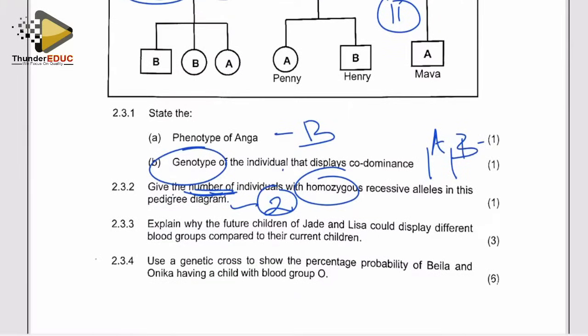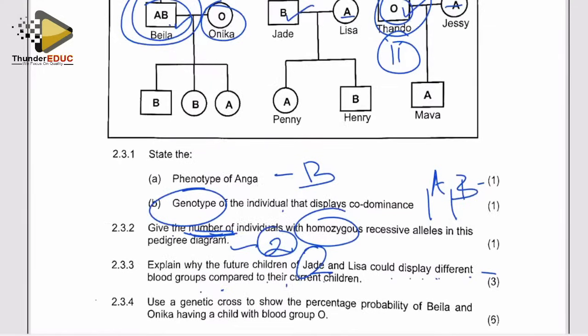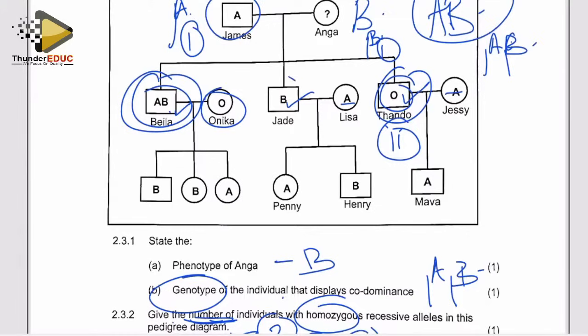Explain why the future children of JD and Lisa could display different blood groups compared to their current children. I have to look for JD and Lisa. So since JD and Lisa, this is A, this is B, this is A. And then since these ones were like this, then automatically JD was a small letter.